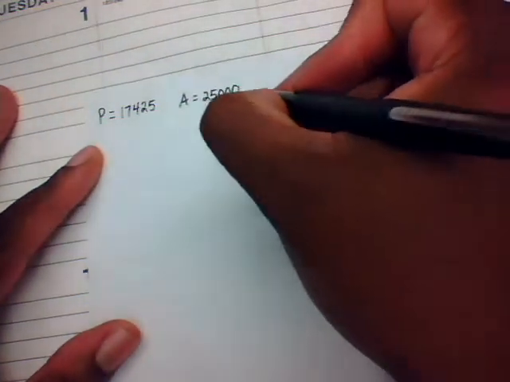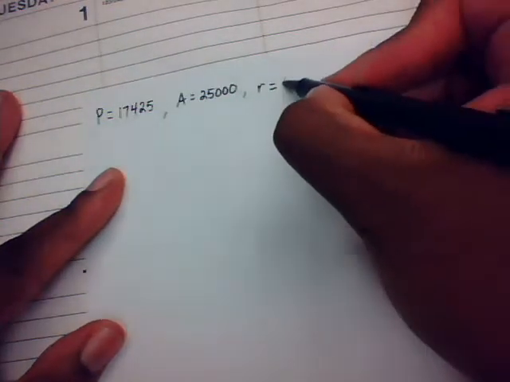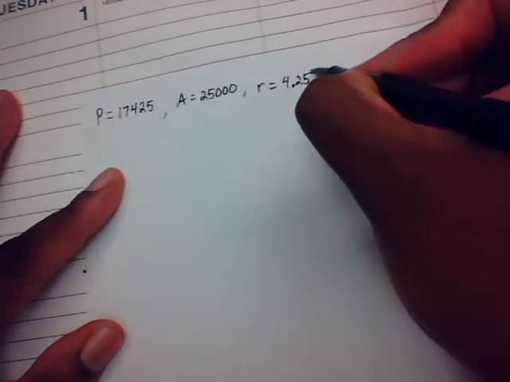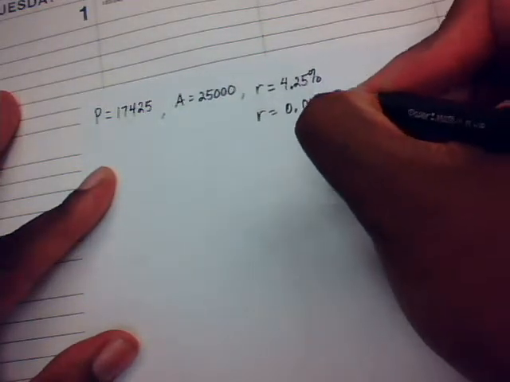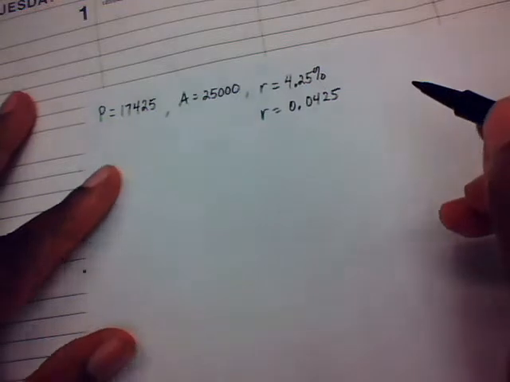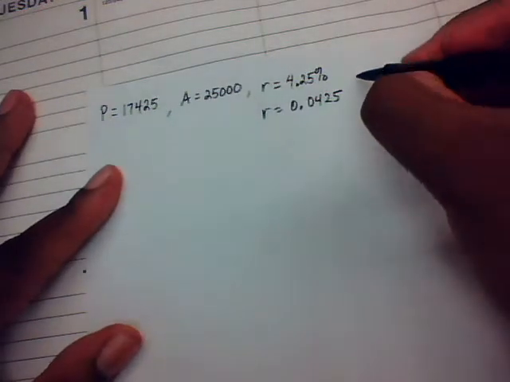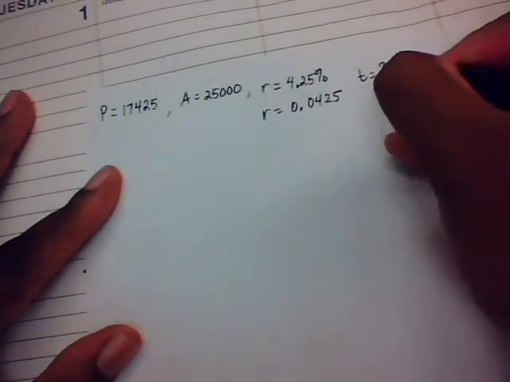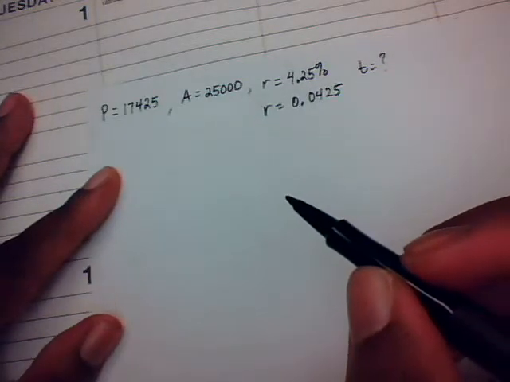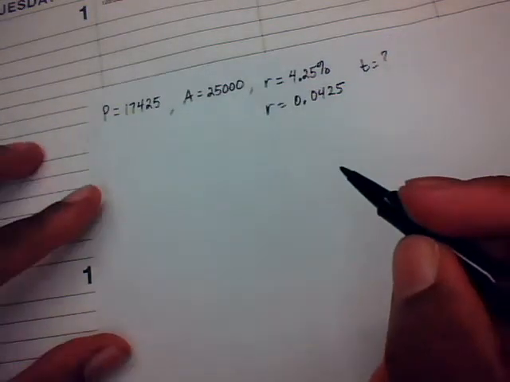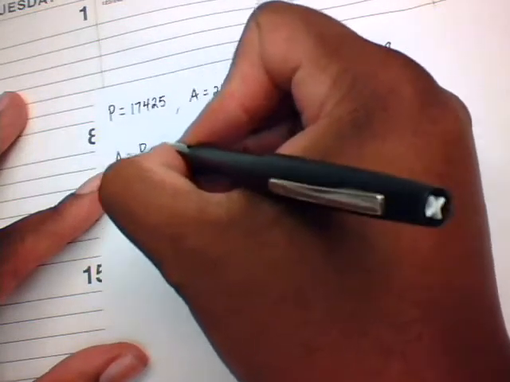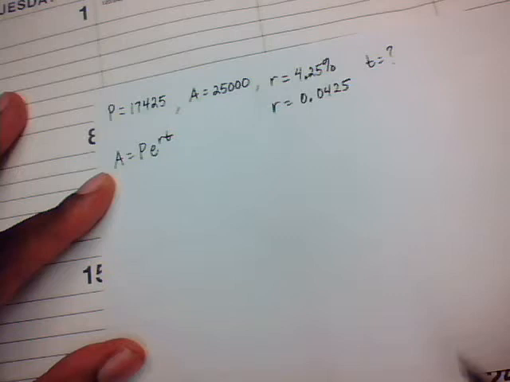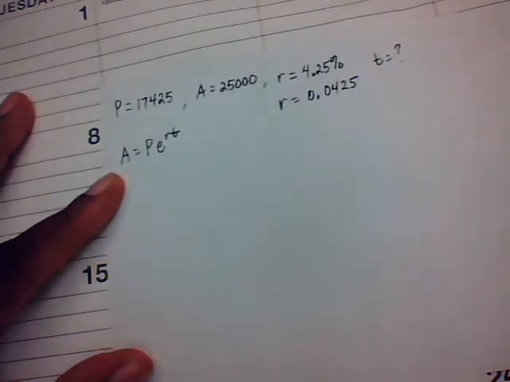The interest rate is 4.25%, but as a decimal, it's going to be 0.0425. And t is what we're trying to find. It says compounded continuously in the problem, so we have to use A is equal to P times e to the rt.